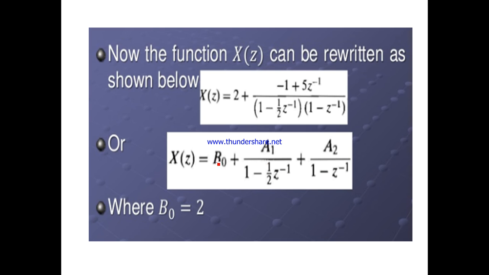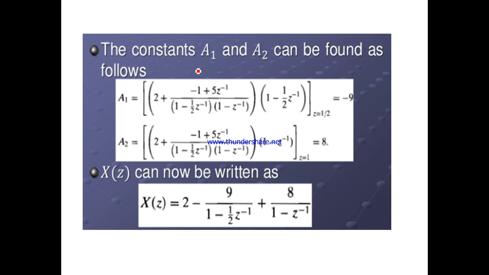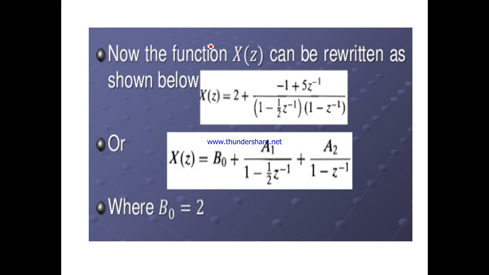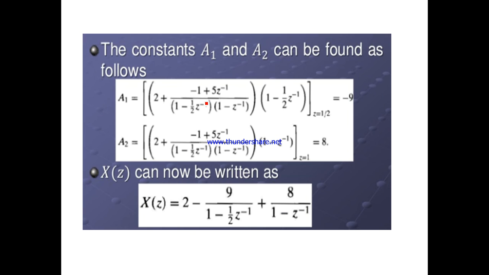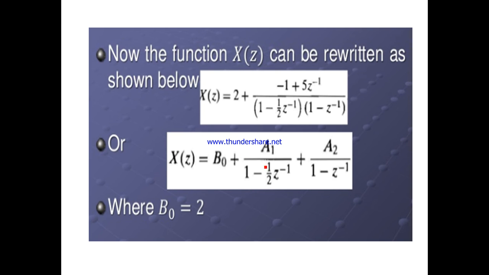So here b0 is the constant 2. So now we are applying partial fraction here. So next we have to calculate a1 and a2 values. How will you calculate the a1 value? For the calculation of a1, you have to write X of z into the denominator of a1.